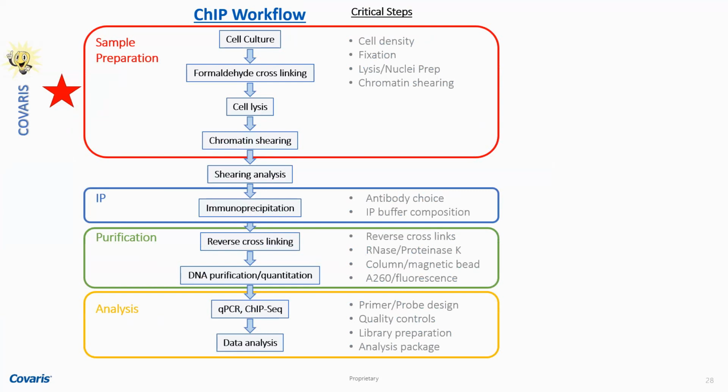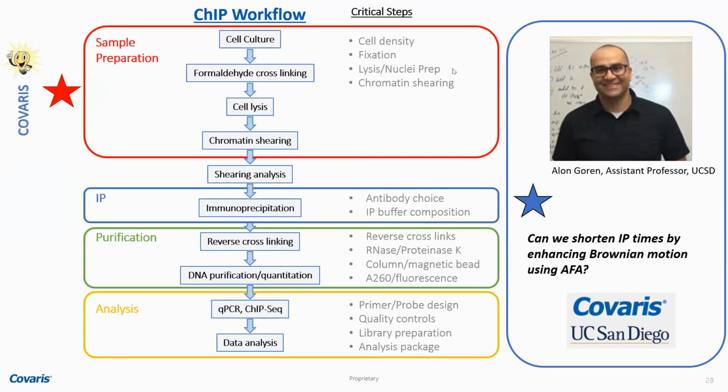However, due to some internal projects that we have, we knew that we can also enhance Brownian motion using AFA, because I told you before that the AFA system is not only high power. You can tune the energy that you're putting into your sample as you like.